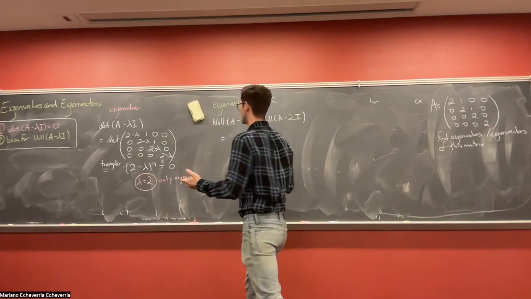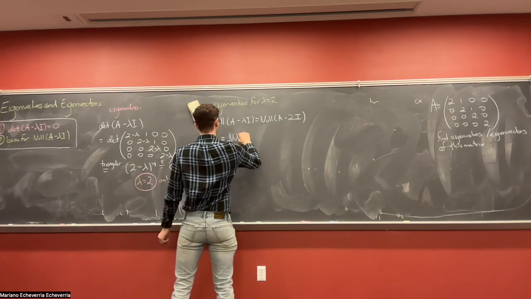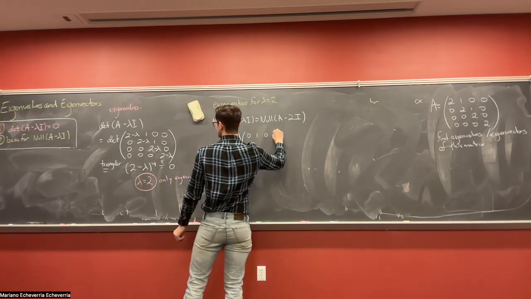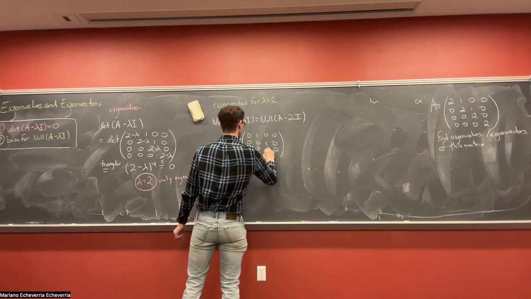And it's just subtracting 2, or plugging in lambda equals 2 here, so you get the null space of 0, 1, 0, 0; 0, 0, 1, 0; 0, 0, 0, 0; 0, 0, 0, 0.